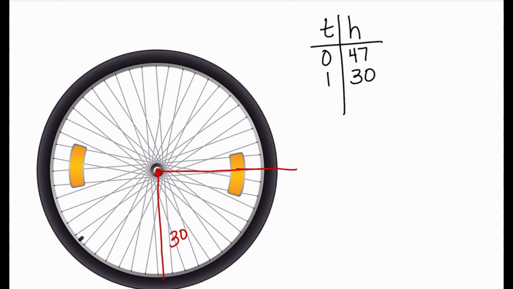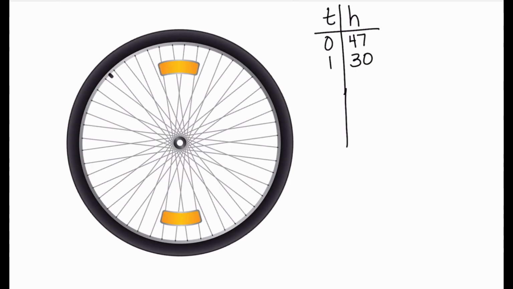What happens as we continue turning? At time 2 seconds, now the reflector is going to be down here at the bottom. Okay, so what is going to be the height from the ground of the reflector at that point? Here's the ground right here. If you remember, we said that the entire radius from the center going all the way down to the ground is going to be 30 centimeters.